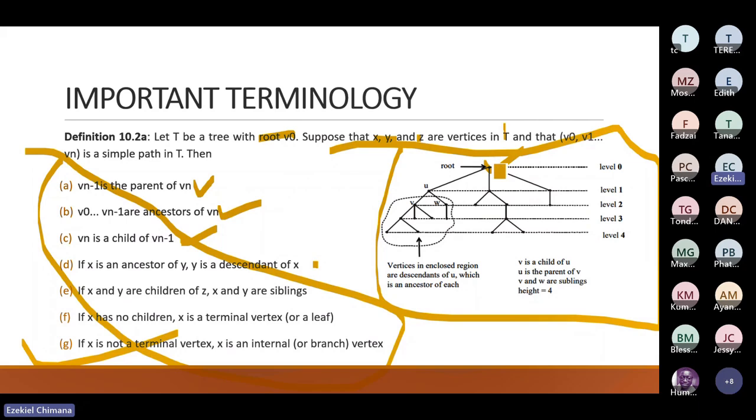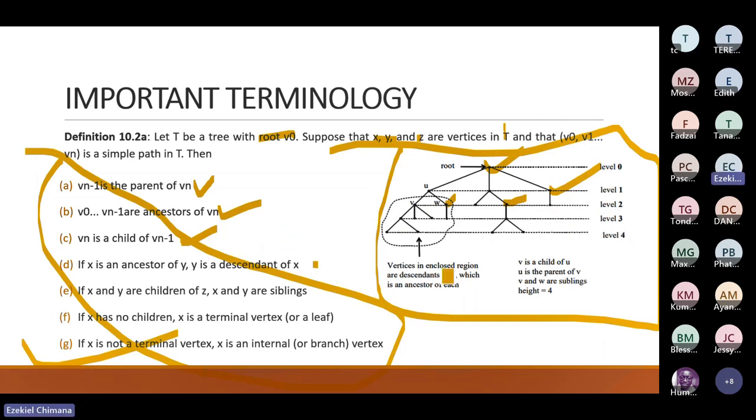So we call the root level 0, then level 1, level 2, level 3, level 4. You might be asked which level a vertex is on: this one's level 1, this one's level 2, this one's level 3, and this one's level 4.